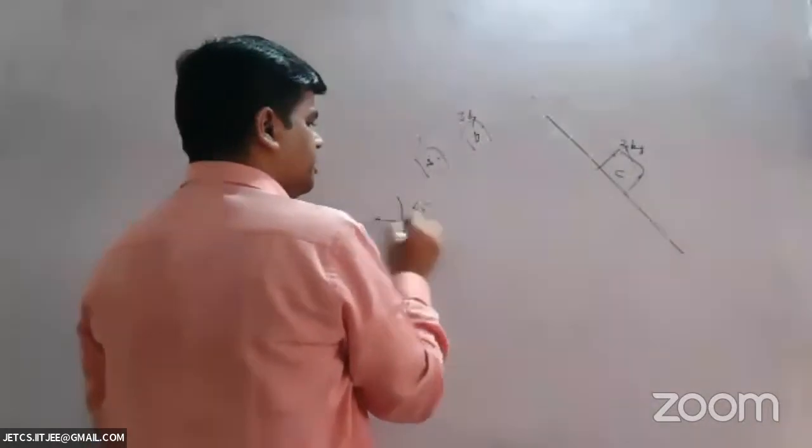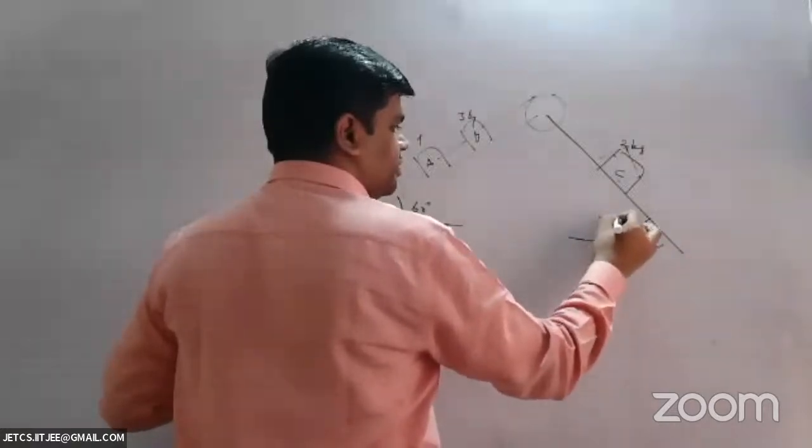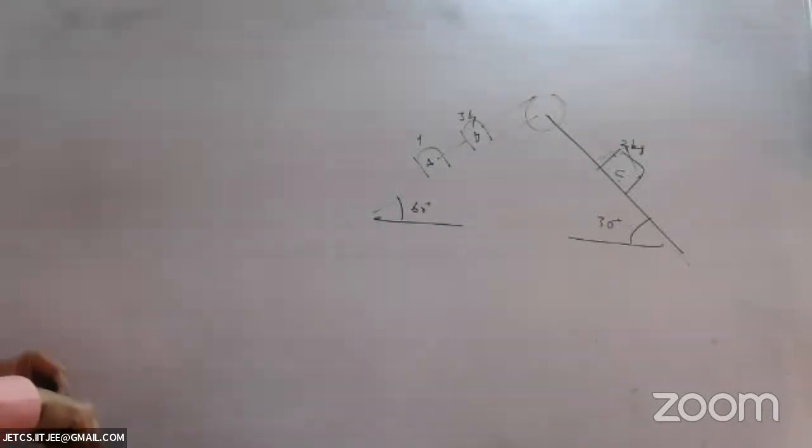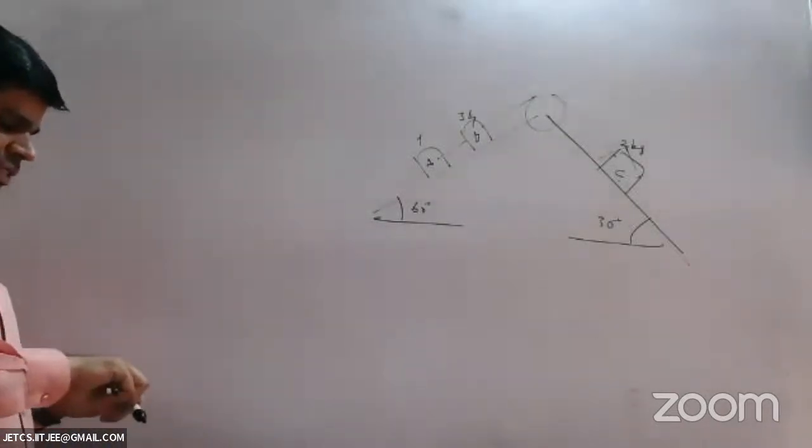This angle is 60 degrees. This angle is 30 degrees. This wedge is fixed. I have to determine the acceleration of the blocks and tension in the string.